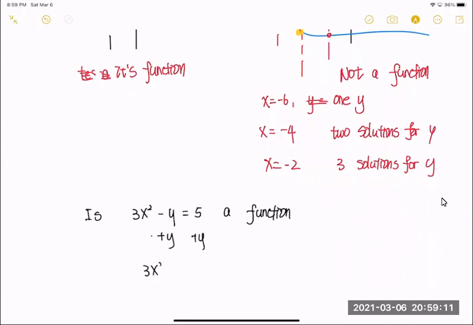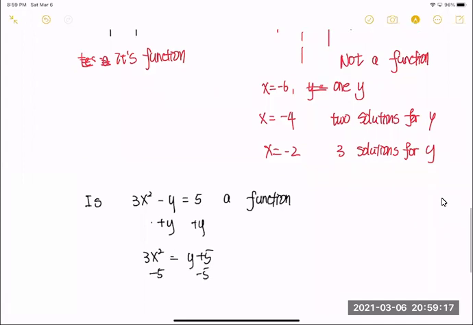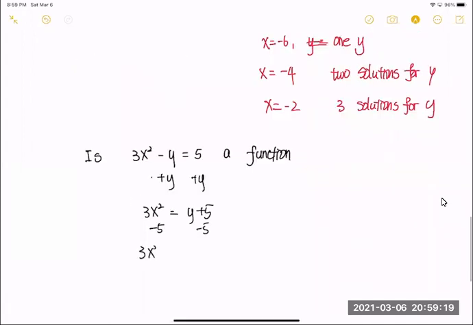We have 3x squared equals y plus 5, and then we subtract 5 on both sides. We have 3x squared minus 5 equals y. Look, we only have one y. We only have one solution for y. So yes, this is a function.